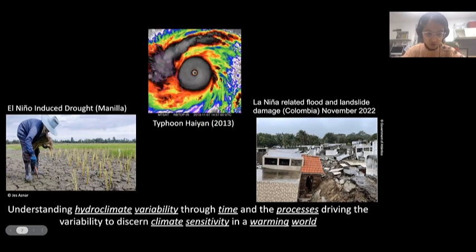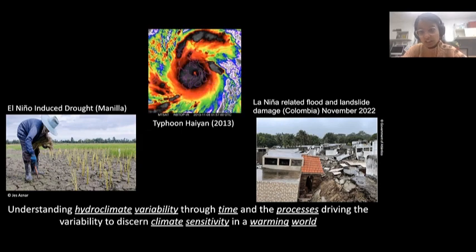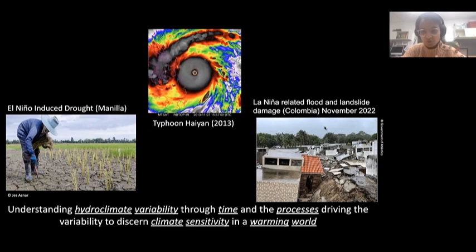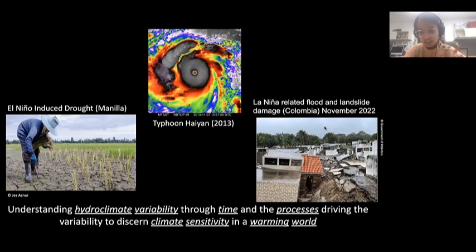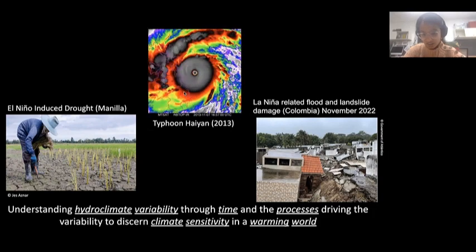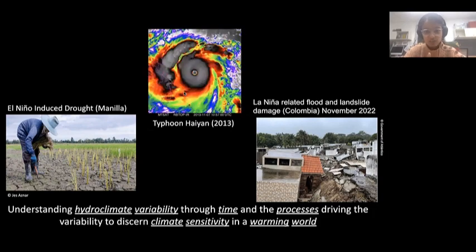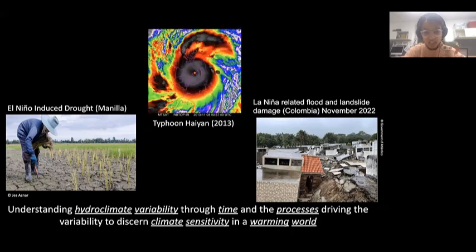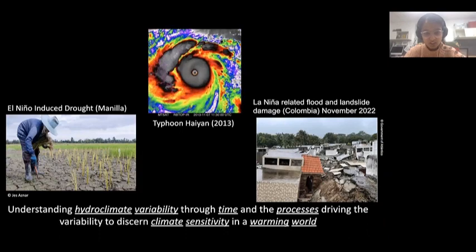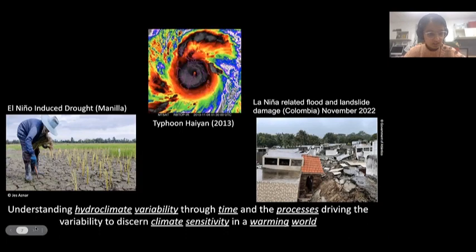This is an example showing El Niño induced droughts in Manila, and a more recent example of how La Niña impacts the hydroclimate in Colombia. In addition, I am also interested in hydrological extreme events such as typhoons and hurricanes that cross Southeast Asia. This is Typhoon Haiyan, which hit the Philippines in 2013 and was one of the most devastating typhoons to hit the country.